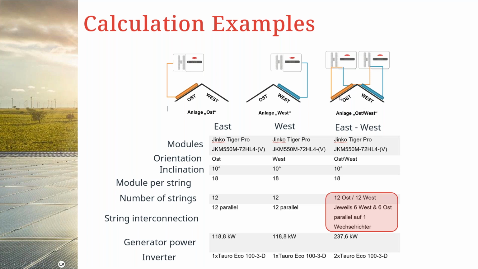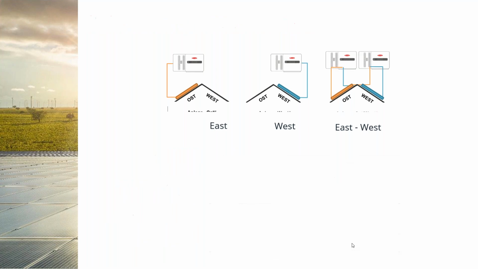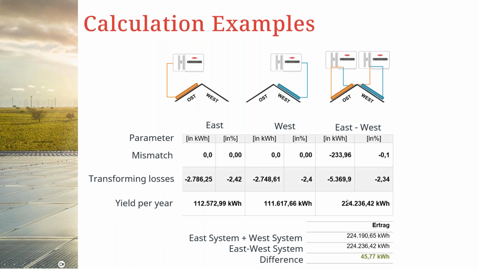But this time around we had 6 facing east and 6 facing west connected to the respective inputs of the inverter, as you can see. And this generated exactly double of what the other oriented east and west inverters were producing, as you can see. So the results are here.